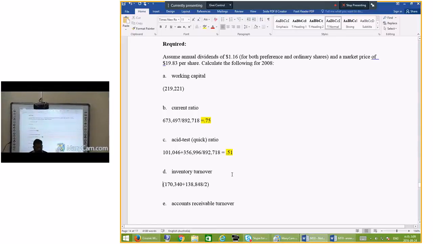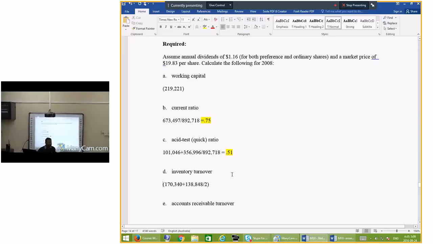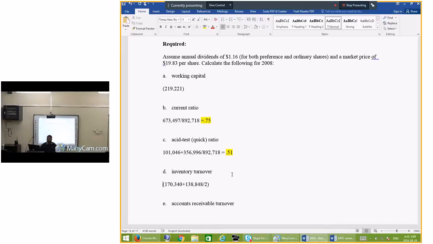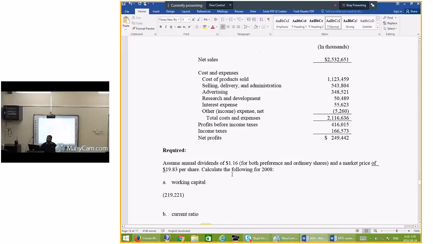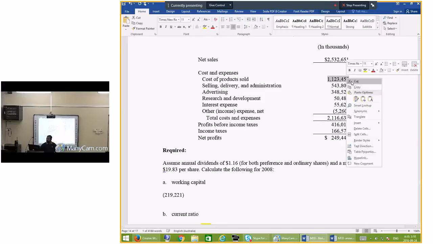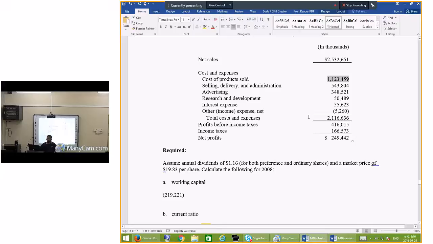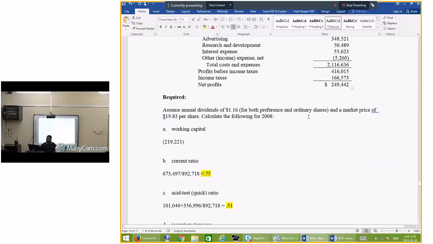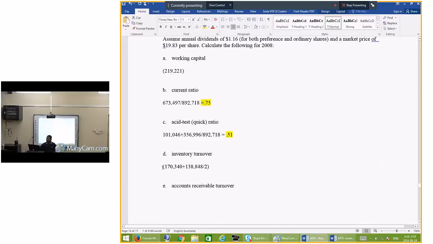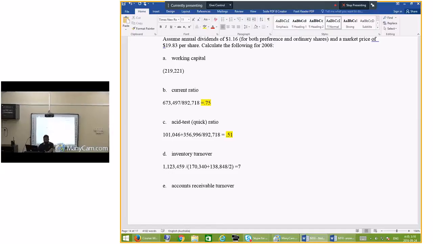Cost of goods sold divided by average inventory is the inventory turnover. Cost of goods sold is 1,123,459. Divided by this average inventory, the turnover should be 7.2.